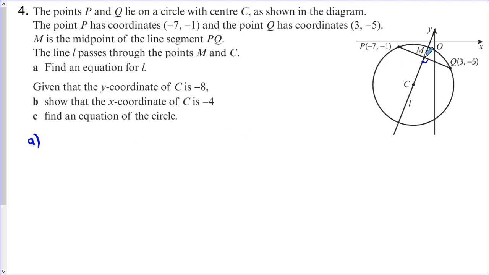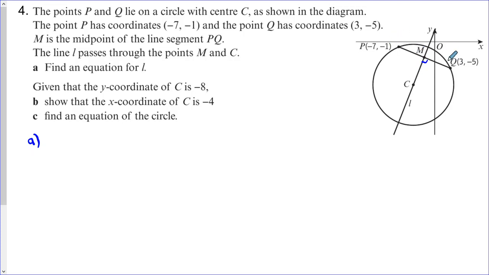So we're going to need the coordinates of M. I'm going to use y minus y1 at some point. I'll have the gradient of this line, L, and I'll need a point that it goes through. I don't know the coordinates of the centre yet. I'm not going to use this point, rather. I need to know this point.